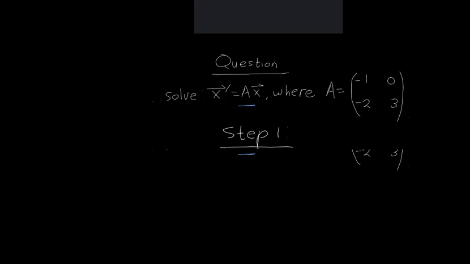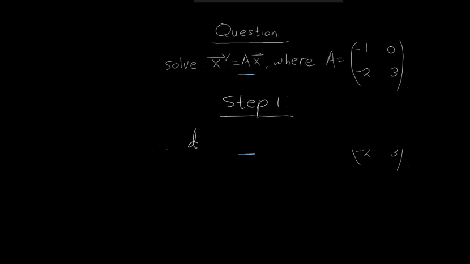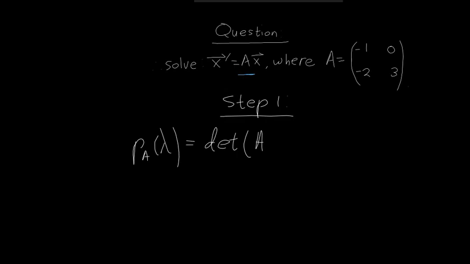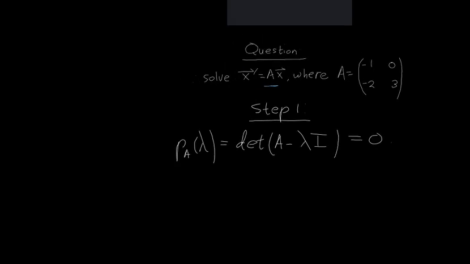From your linear algebra classes, you should know that a characteristic equation is written like this. It's the characteristic polynomial p subscript A as a function of lambda, equal to the determinant of A minus lambda times the identity matrix I, where A is a square matrix, and that's equal to 0.